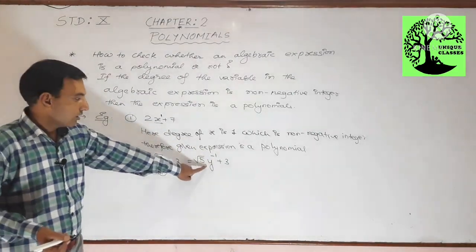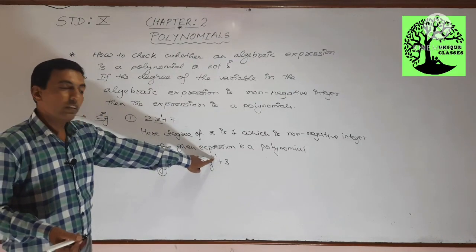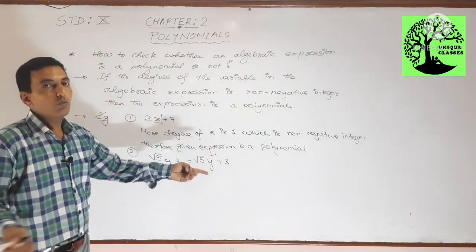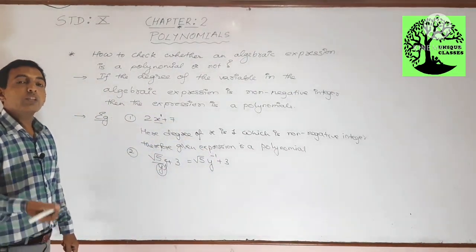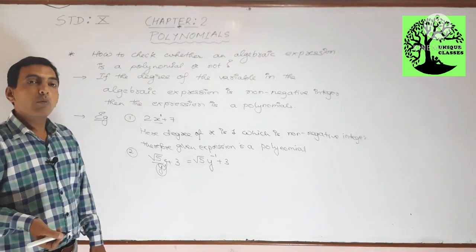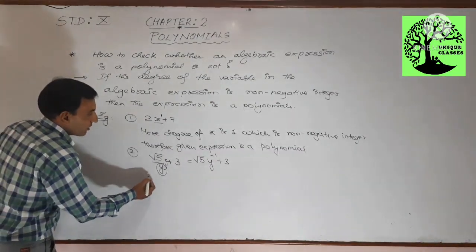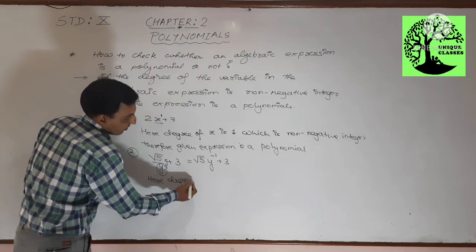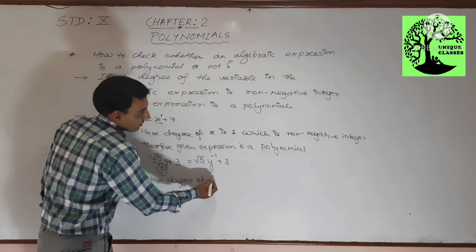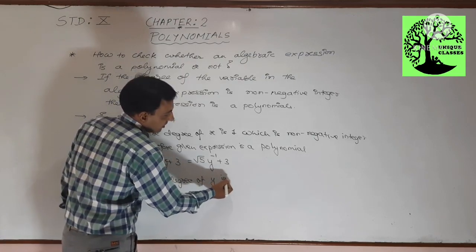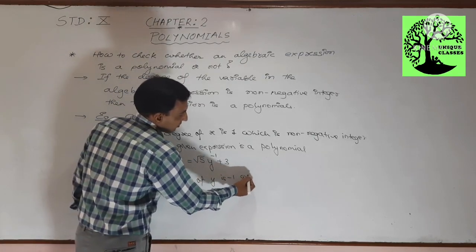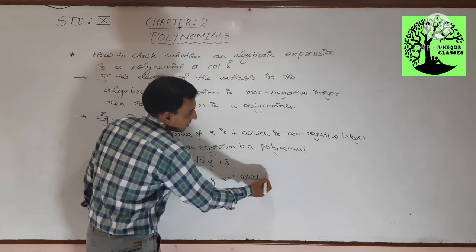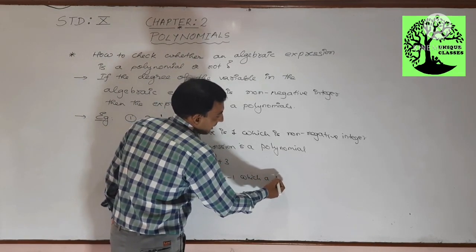So here the degree of the variable is a negative integer, so the given expression is not a polynomial. Okay, so here the degree of y is minus 1, which is a negative integer.